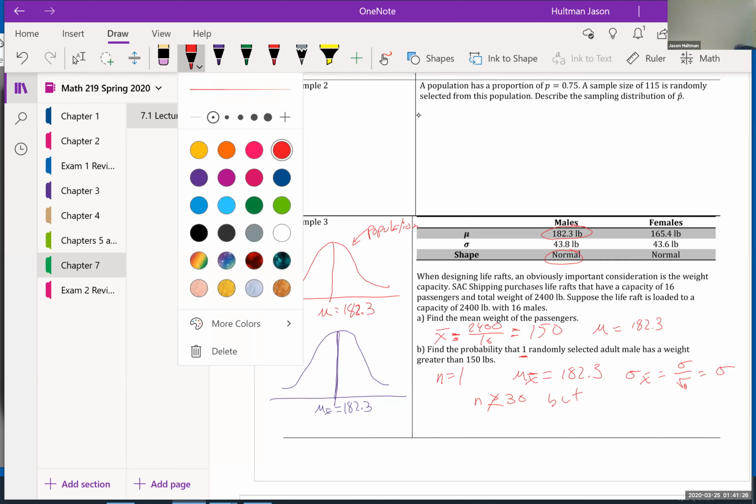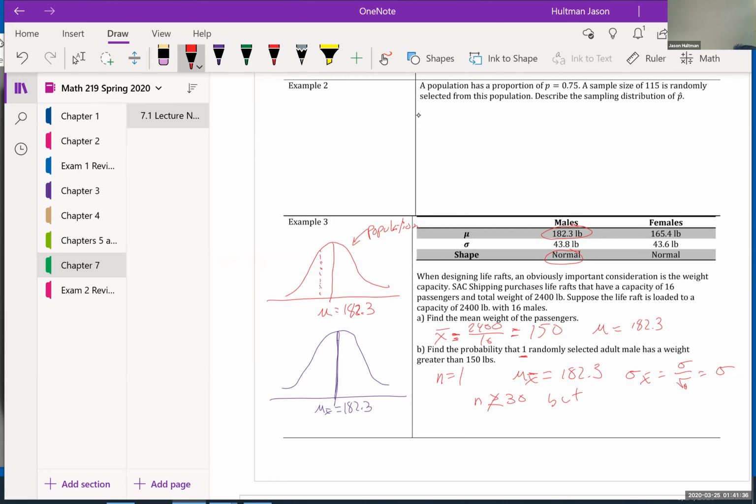Well, every single value that could possibly exist in the original one here, that little point here is of sample size 1, right? So how do you average a sample of size 1? Well, it's just that sample.